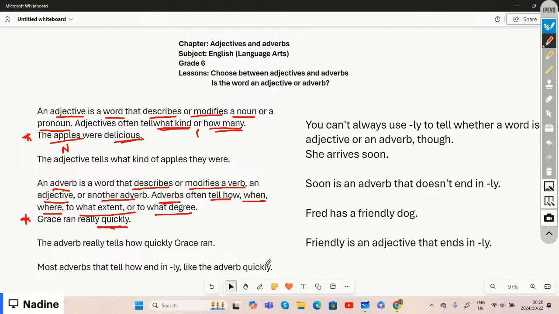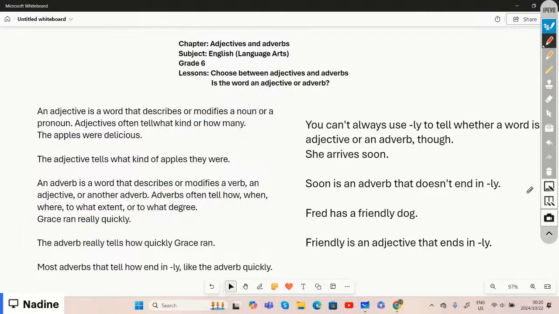All right. So now you can't always just use ly to tell whether a word is an adjective or an adverb.